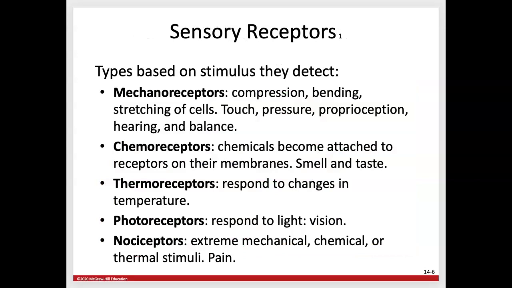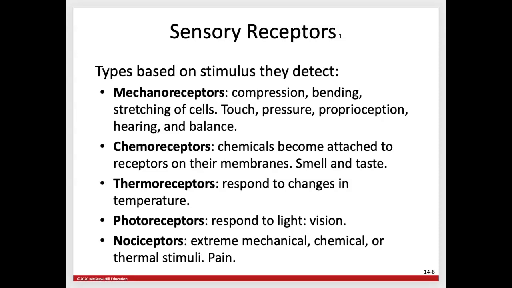As far as the different types of sensory receptors, there are a lot of them, and they are categorized based on the stimulus that they detect. A mechanoreceptor senses some sort of pressure or bending or stretching of the cells: touch, pressure, proprioception, hearing, and balance.